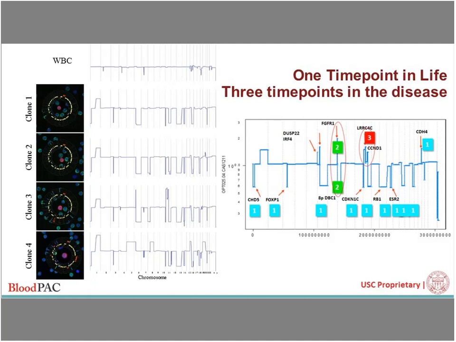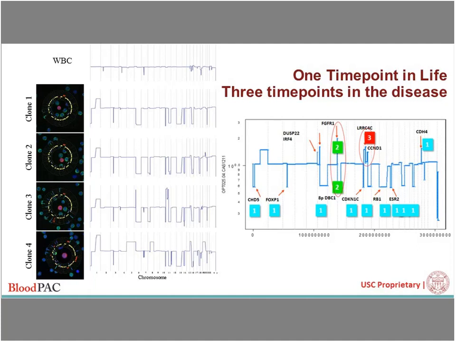Clones 1, 2, 3 were found from the very first blood draw in 2013 through the 17th, while clone 4 was only found in the very last 2 blood draws in 2017. We will have one slide dedicated to clone 4 later.